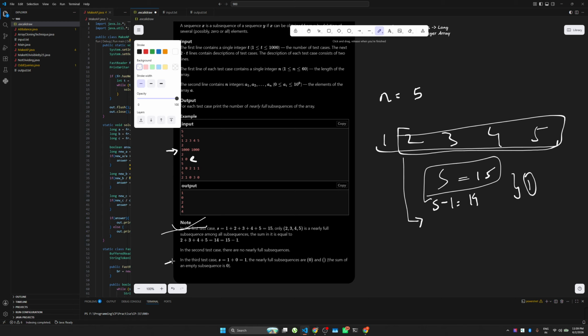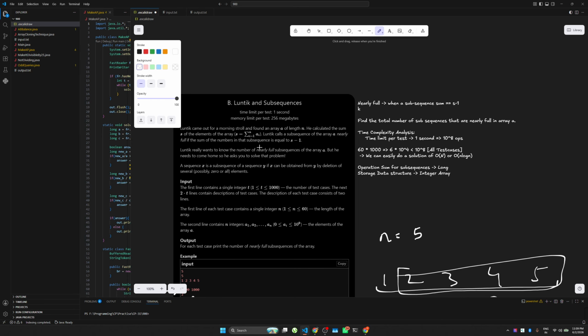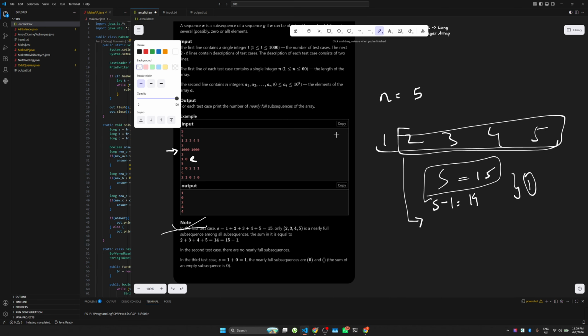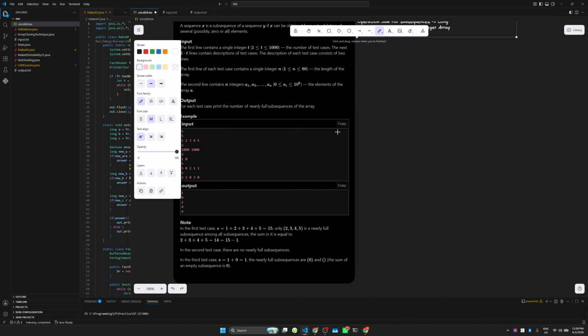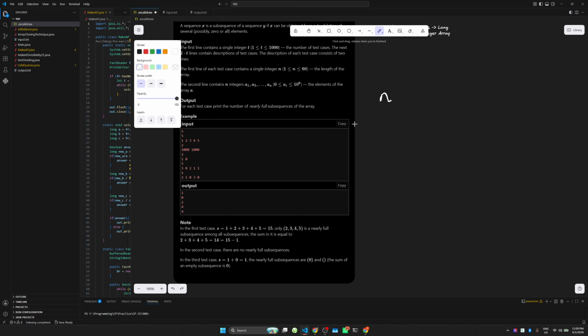The third test case, S equals 1 plus 0, which is 1. Okay, so S is basically all of the sum. Oh, okay. Yeah, it's given that S is the total sum of the array. I was thinking S was also modifiable, which is why I got very confused. But now I understand.